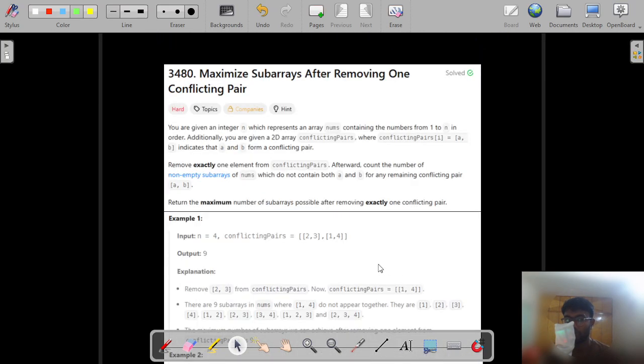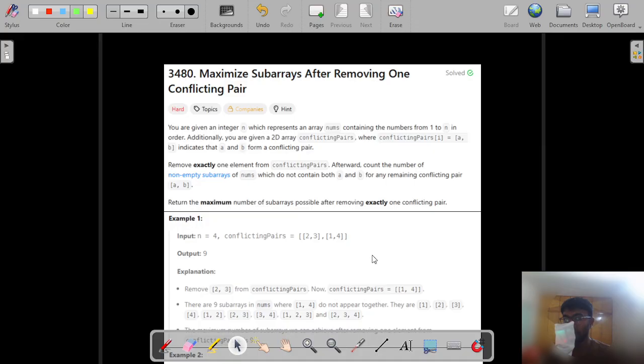So let's go through our problem statement. You are given an integer n, which represents an array nums containing the numbers 1 to n in order. Additionally, you are given a 2D array conflicting pairs, where conflicting pairs of i, [A, B], indicates A and B form a conflicting pair.